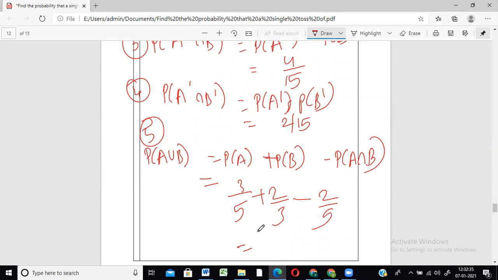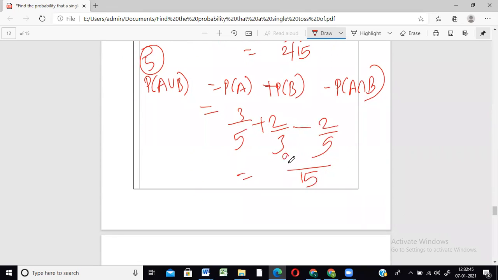When you make the denominators common, dividing throughout by 15, this is 3 threes are 9 plus 5 twos are 10, minus 2 threes are 6. So that is 19 minus 6, that is 13 by 15. Alright, so this is the final answer.